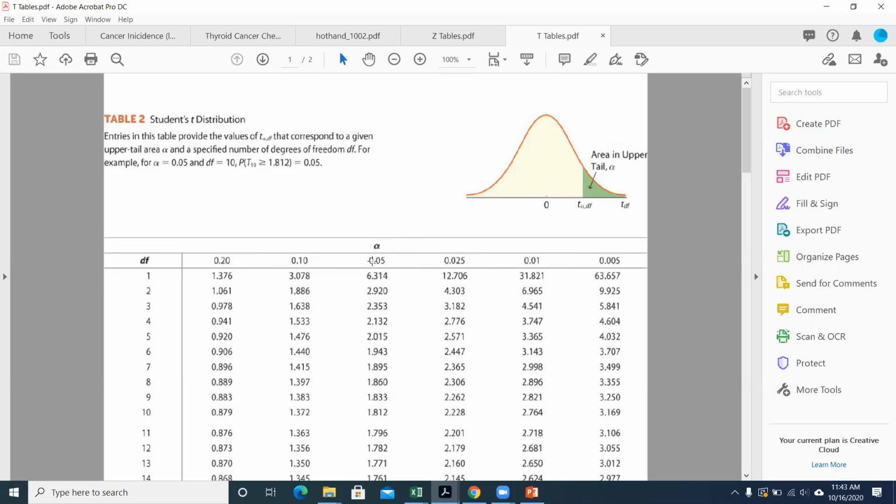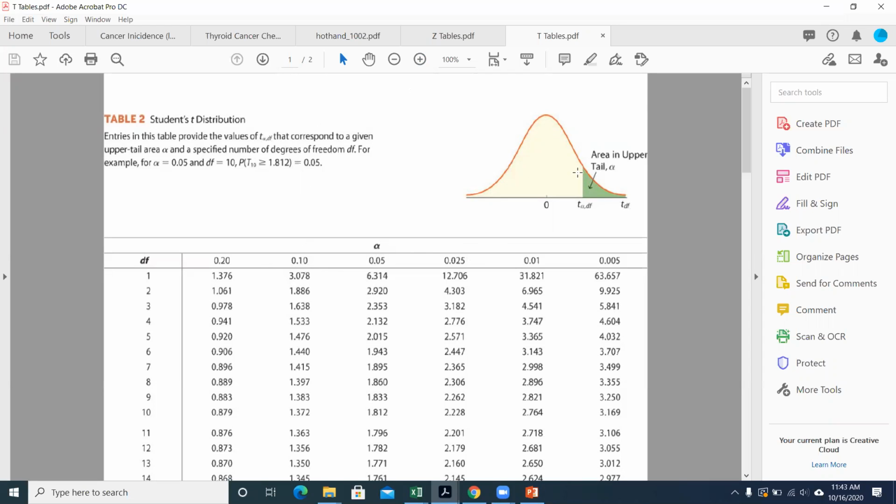These are just the area in one of those tails, okay? So let's say I had an alpha of 0.1, right? I wouldn't look up in this column. I would actually look up alpha over 2, right? 0.1 divided by 2, so I'd actually be looking up 0.05, right? So I would just cross this off not to cause any confusion. This table is only telling you the area that's in one of these tails, right?